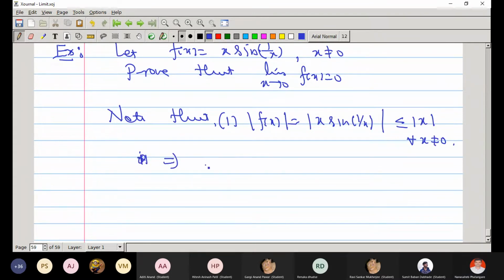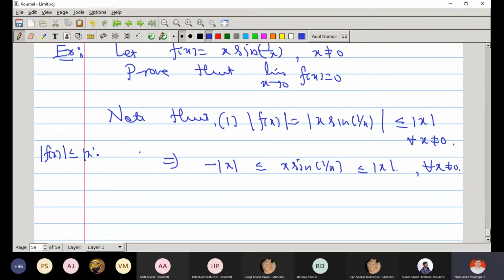Therefore, can I say that the second expression is true? Right? What is the situation? The absolute value of f(x) is less than or equal to something.